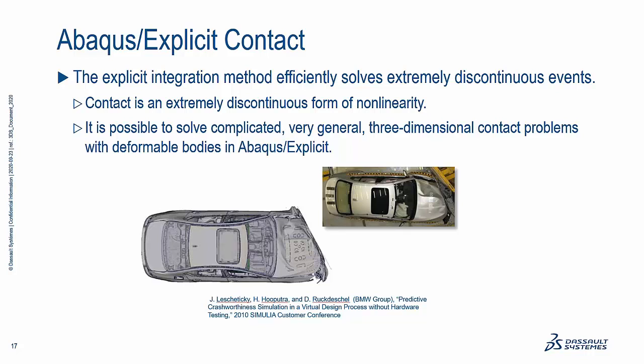Again, they don't physically happen instantaneously, but from our perception of what is happening, things that are happening on the microsecond level are not things that most people are able to visually countenance. So when we are looking at Explicit, we are looking at a methodology where time steps are milliseconds or smaller, or tenths of milliseconds or smaller, that are tailor-made to handle the sorts of contact changes that are common when we're dealing with contact.